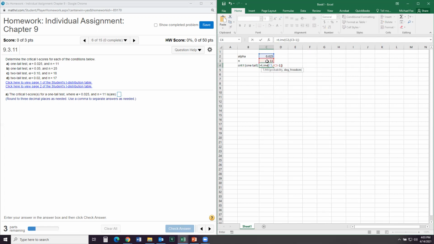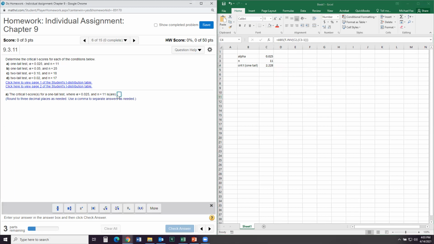Now, unfortunately, this will return to us a negative. So we could just put the positive in there. If we want it to return the absolute value of that, we can always change our formula to do the absolute value of that whole formula. It wants 3 decimal places. So that's 2.228.